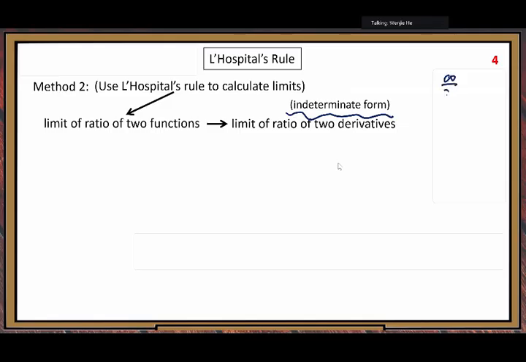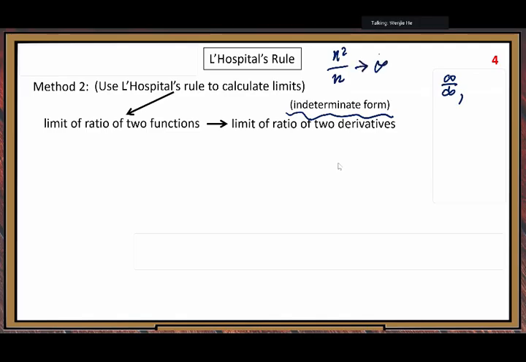Infinity over infinity. This form is indeterminate because it could be anything. Infinity over infinity could be infinity: if you look at n squared over n, the ratio could be infinity.